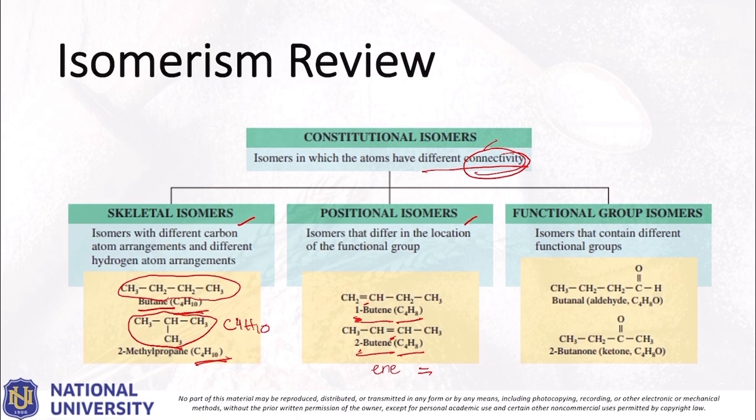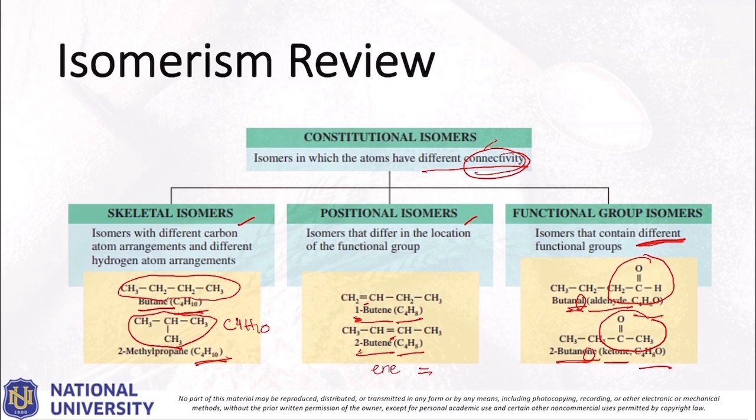Next is functional group isomers. So these are isomers that contain different functional groups. So for example, butanal and butanone. Butanal by the word al, no, which is aldehyde, and then butanone, one means ketone. So same molecular formula but differ in functional group.